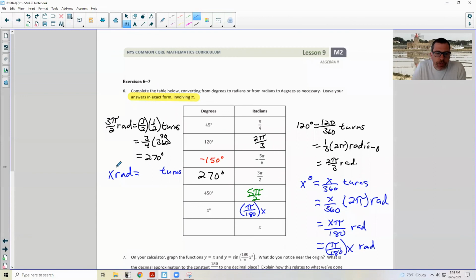Okay, so when we're going from radians, what is a full rotation in radians? Notice over here we're putting in 2 pi. And over here we're putting in 360. But we're converting from radians to degrees. And so we want to know that x radians is going to be some portion of 2 pi.